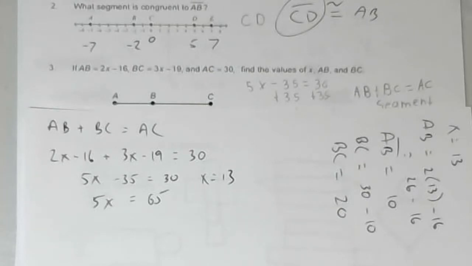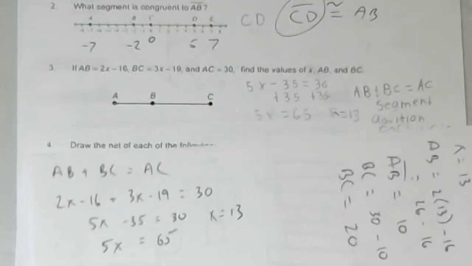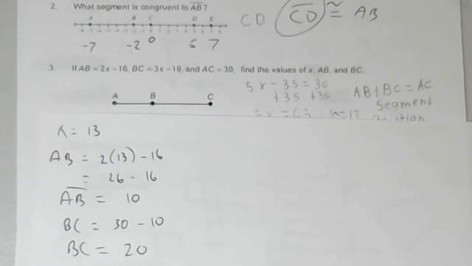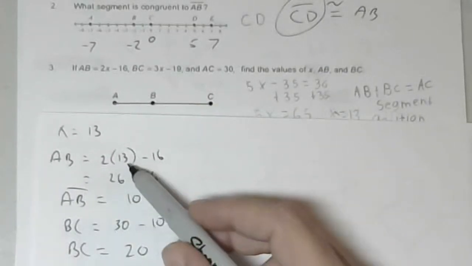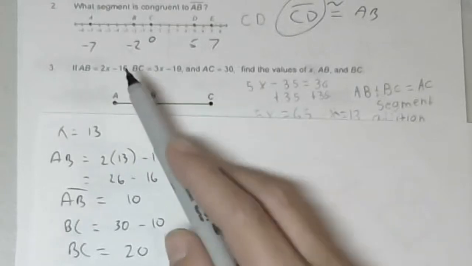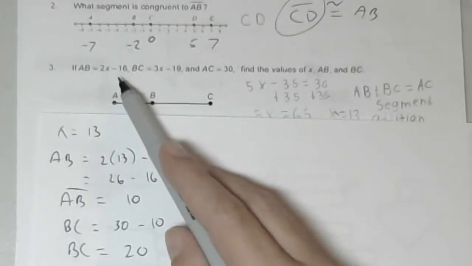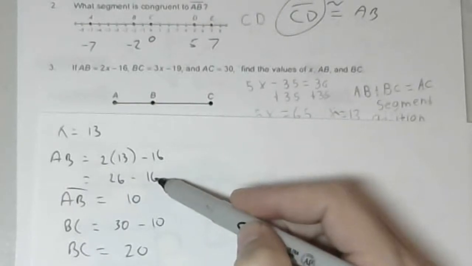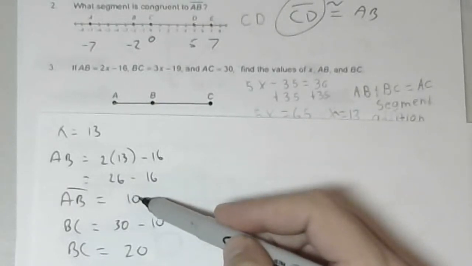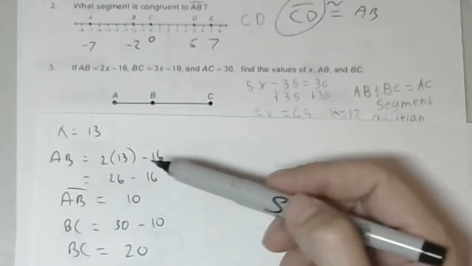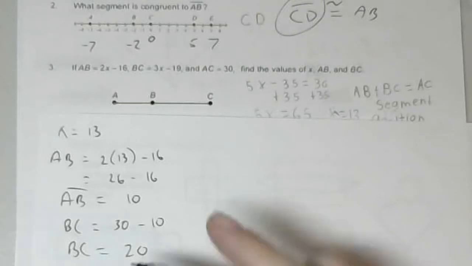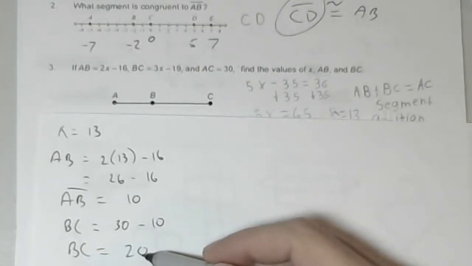That's the first part. It also wants AB and BC. So for AB, I plug in my value for x, which is 13, into 2x minus 16. 2 times 13 is 26. Minus 16, AB is 10. To find BC, I will subtract AC minus AB, which is 30 minus 10, or 20.